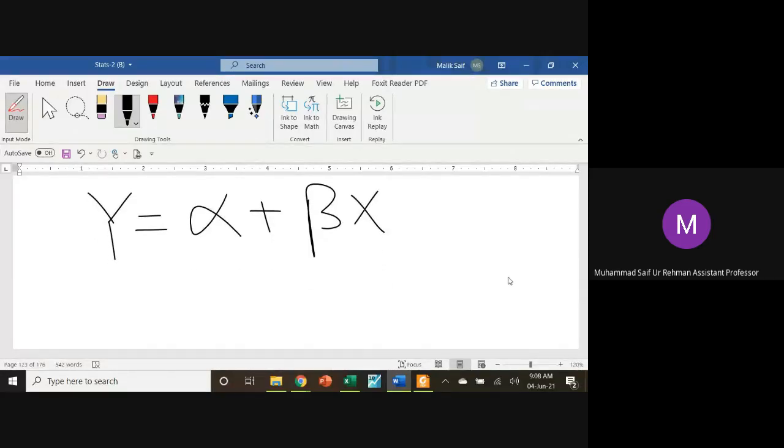But the issue is that normally only one variable is not in the picture that affects y. There may be some other factors that affect y.